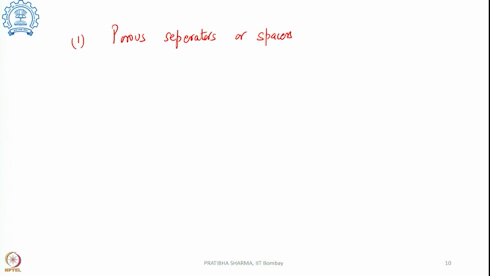These porous separators can provide support to fragile electrodes, they can even provide support to membranes being used, and they can promote turbulence at the electrode surface.